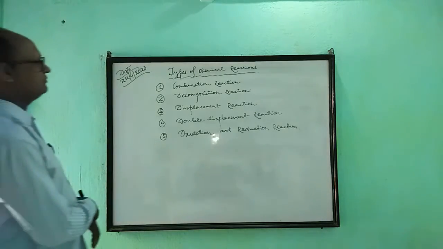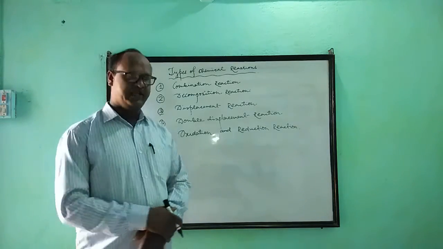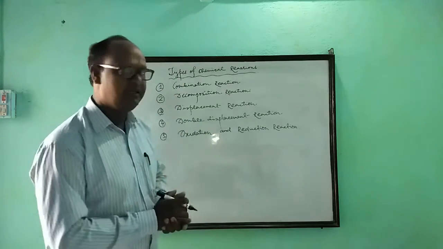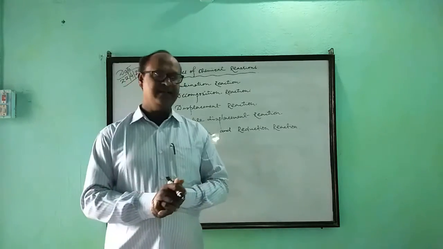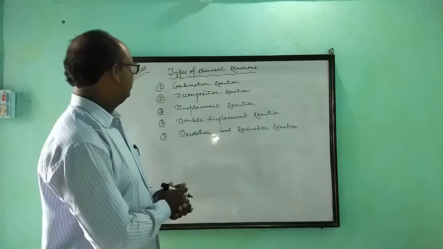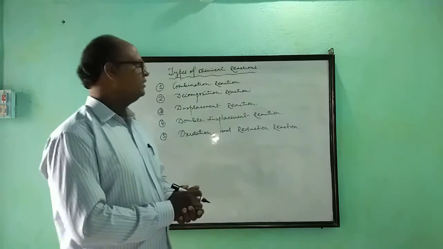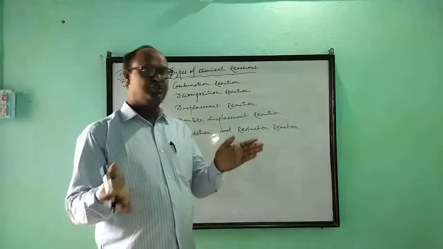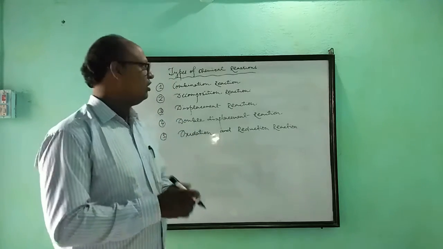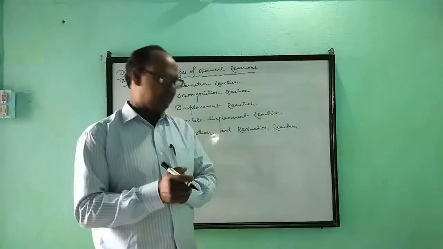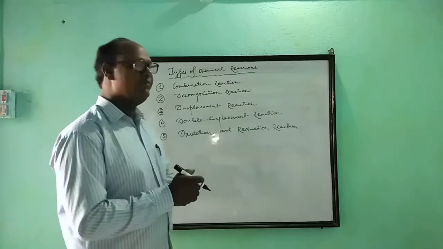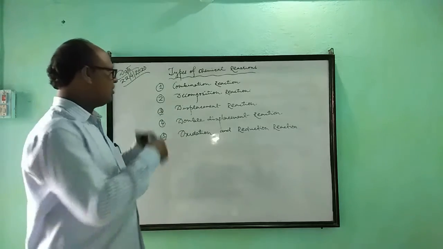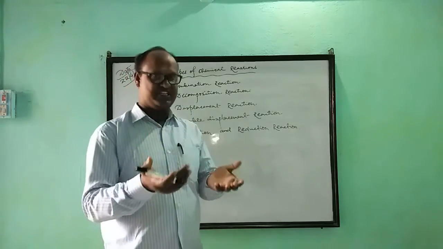At first, what is combination reaction? We know about the word combine. Combine means when we add two things or more than one thing. This is called combination. And decomposition is just the opposite of combination.